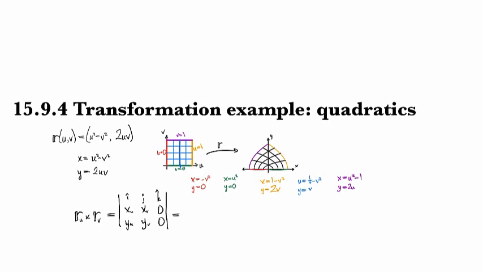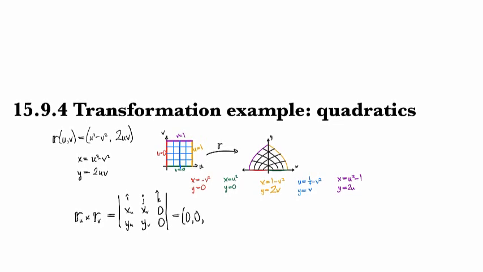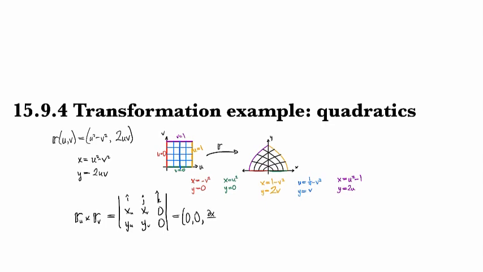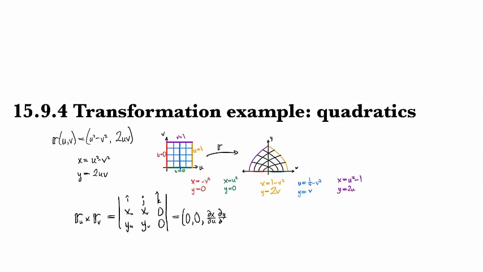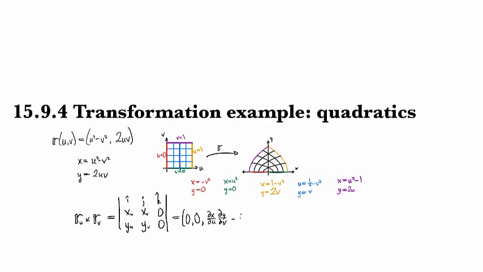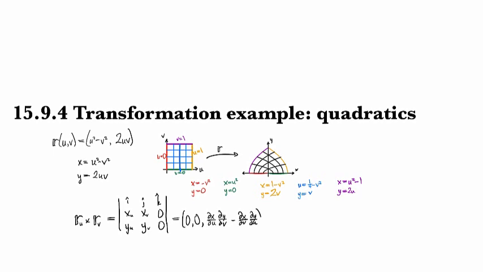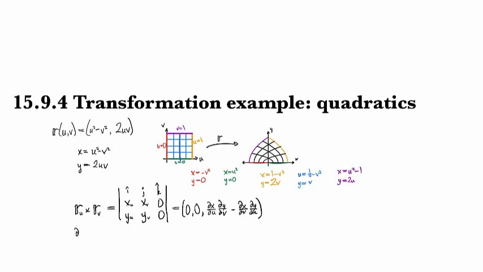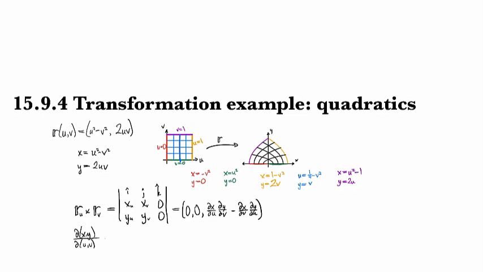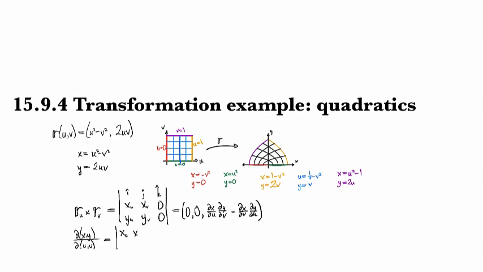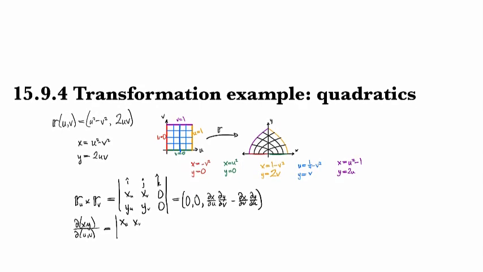So this gives us 0, 0, and then dx/du dy/dv minus dx/dv dy/du. Our Jacobian for this is just the term that shows up in the k component of this cross product.